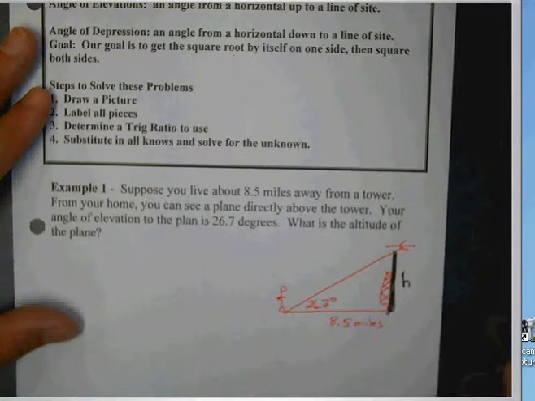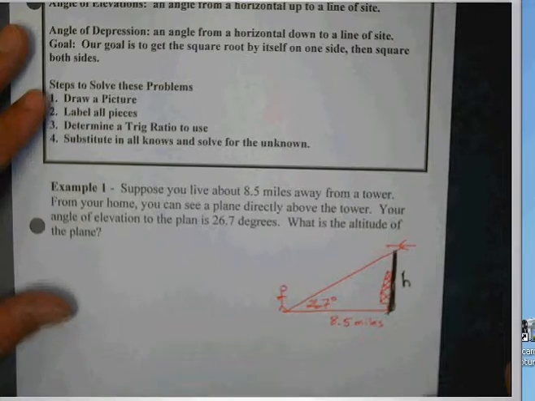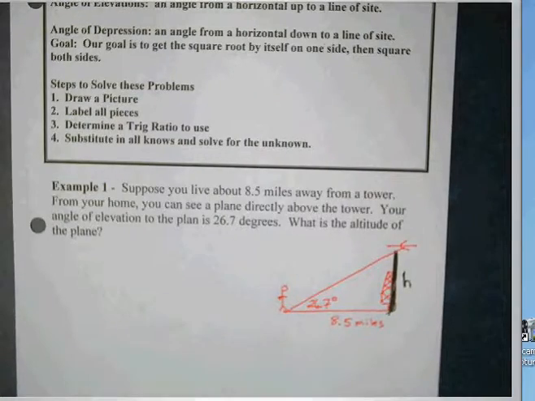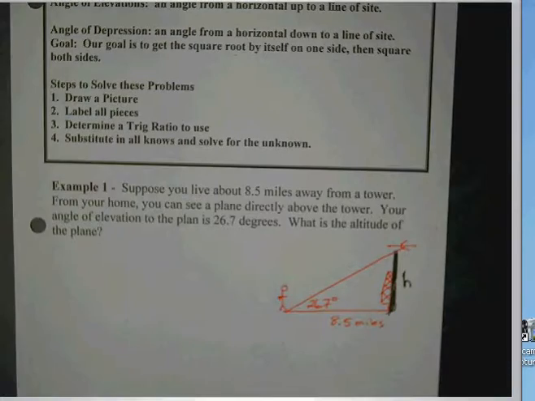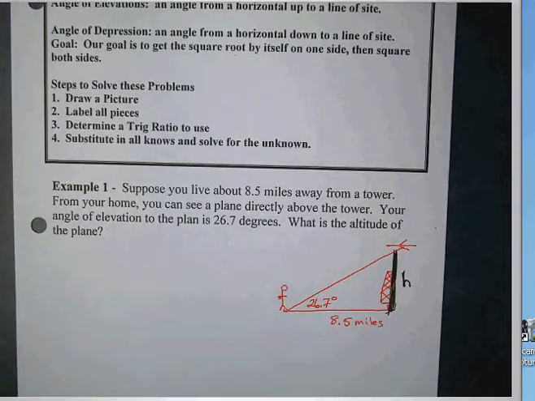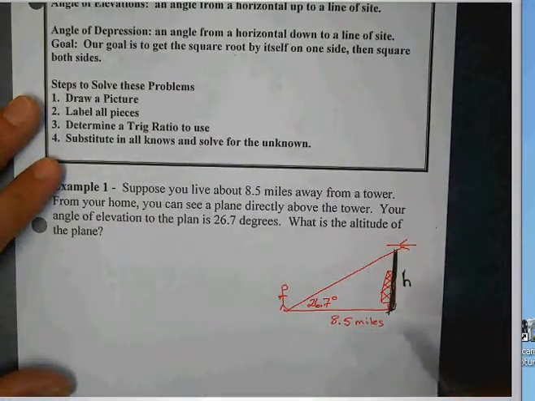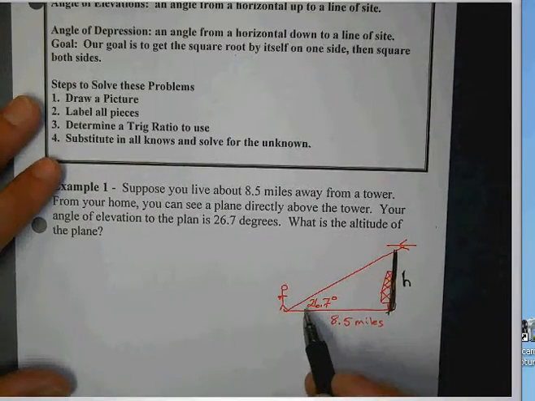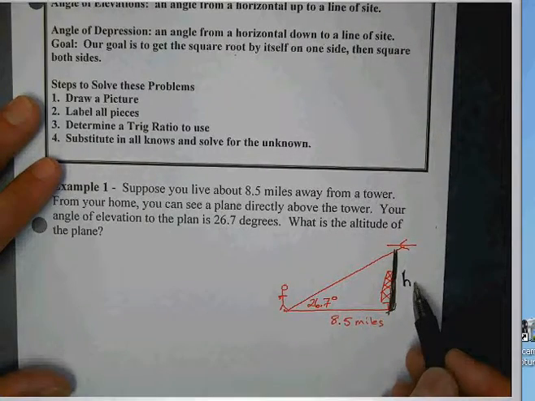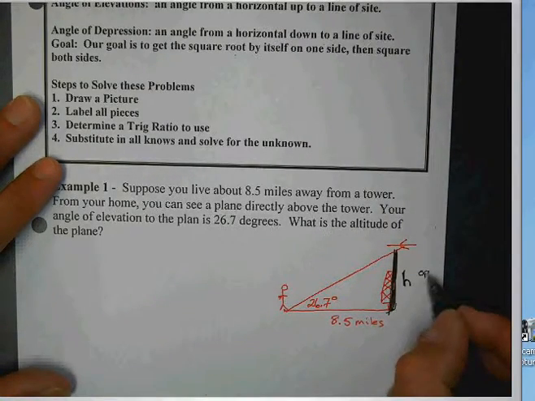So now we have our triangle. Obviously this corner right here is a right angle. So we've got that 26.7 as a degree measurement. We've got the 8.5 and we've got the H. So what trig function relates this angle to H and 8.5? Sine, cosine, or tangent? Well, let's first of all consider, compared to the angle, what is the H? That's opposite. Okay, it's opposite the angle. What is the 8.5?